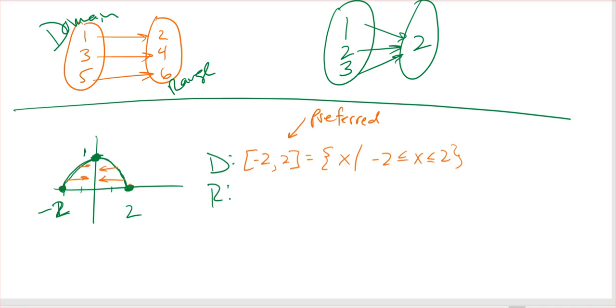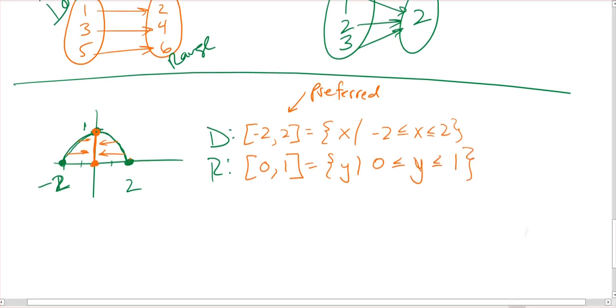So this point here gets squished over to the origin. This point here also gets squished over to the origin, and all of this stuff would be shaded. So now I want my range. Well, looks like everything between 0 and 1. And we can write this in set builder notation as well: 0 less than or equal to y, less than or equal to 1. Okay, and that's it. Here we go.